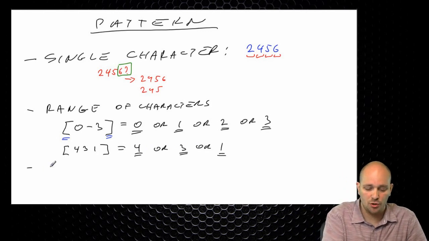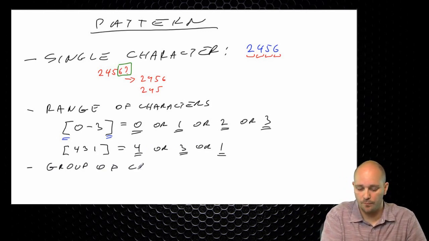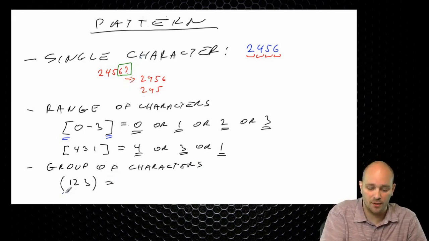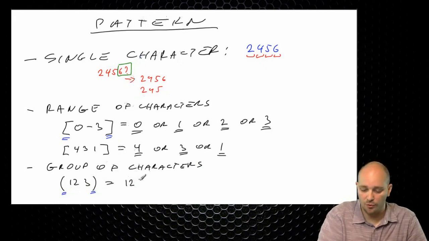Or you can match a group of characters. So you can use parentheses, for example, to say 1, 2, 3. So the parentheses are the important bit here. This would be the equivalent of matching 1, 2, 3.